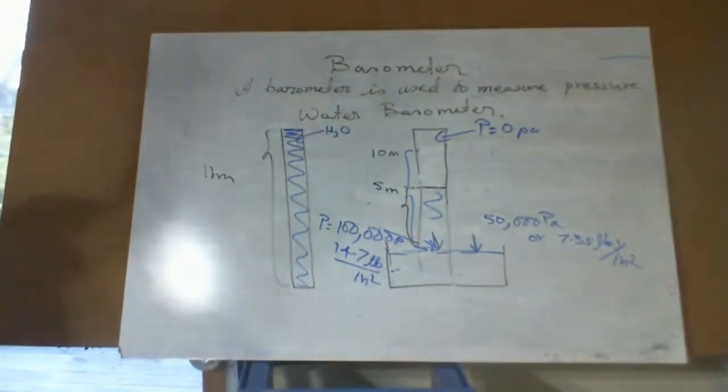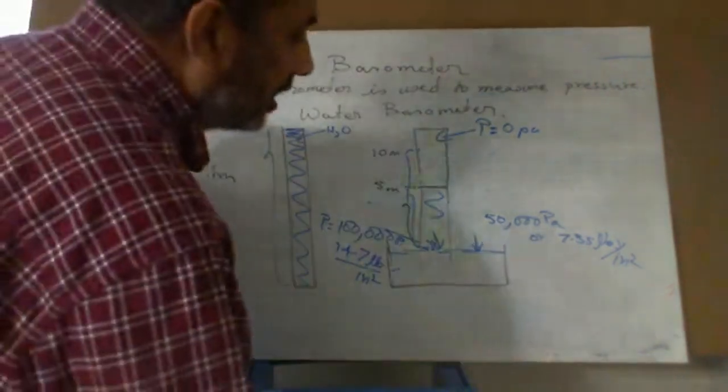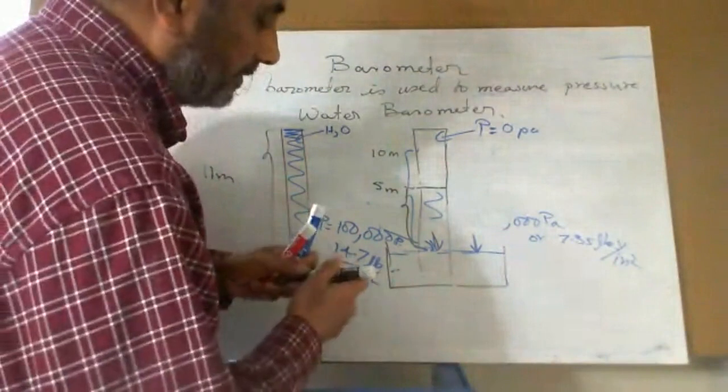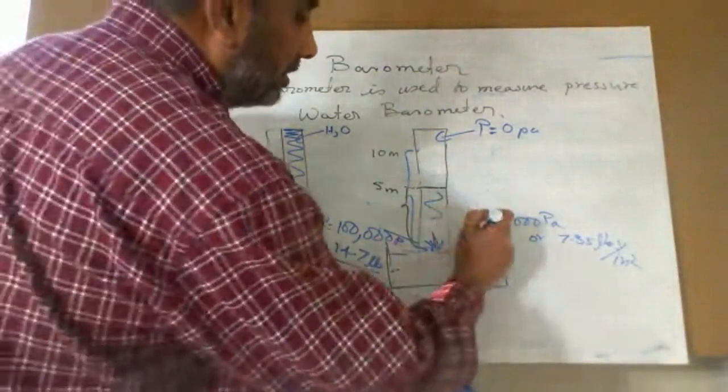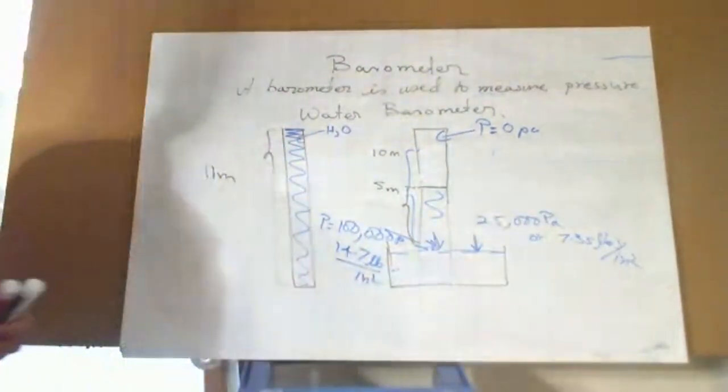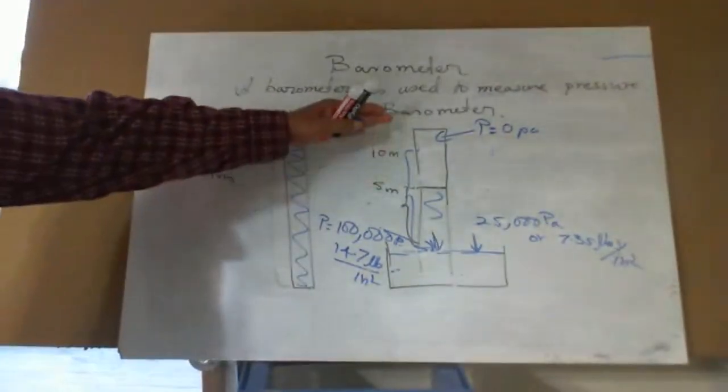Okay. Suppose I go even higher, right? I go to a height of 36,000 feet. What is the pressure outside? The pressure outside is now 25,000 pascals. So what do you think will happen to the water?